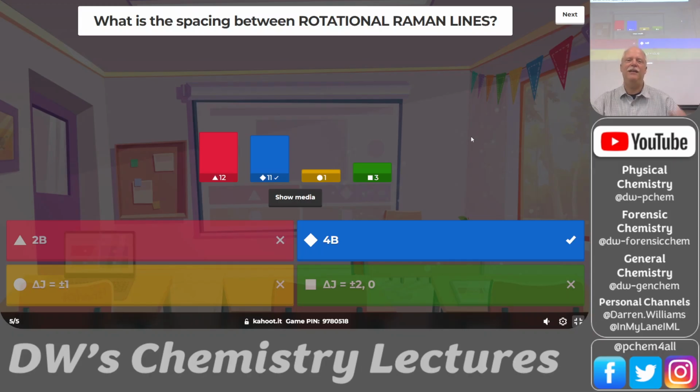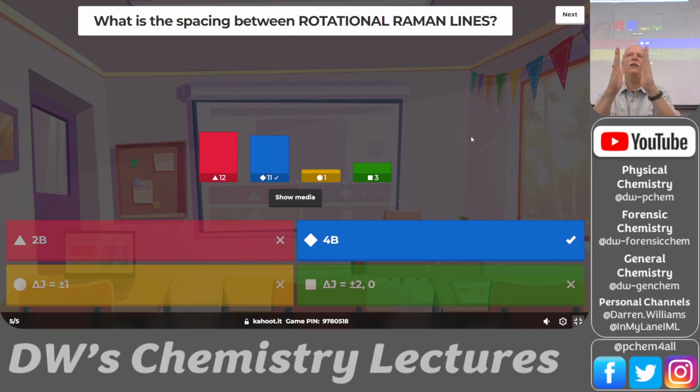When we're talking about spacing between the lines, lines go with the spectrum. You have a spectrum, the horizontal axis. Those absorption lines or emission lines are the horizontal positions of those lines.